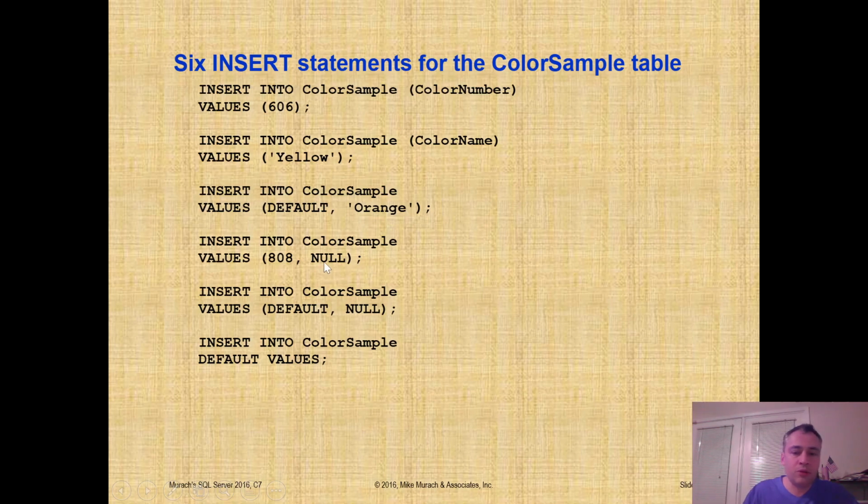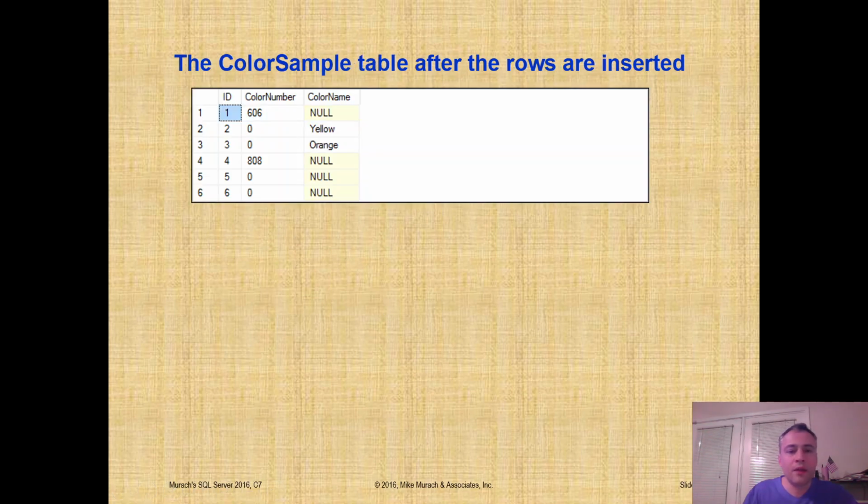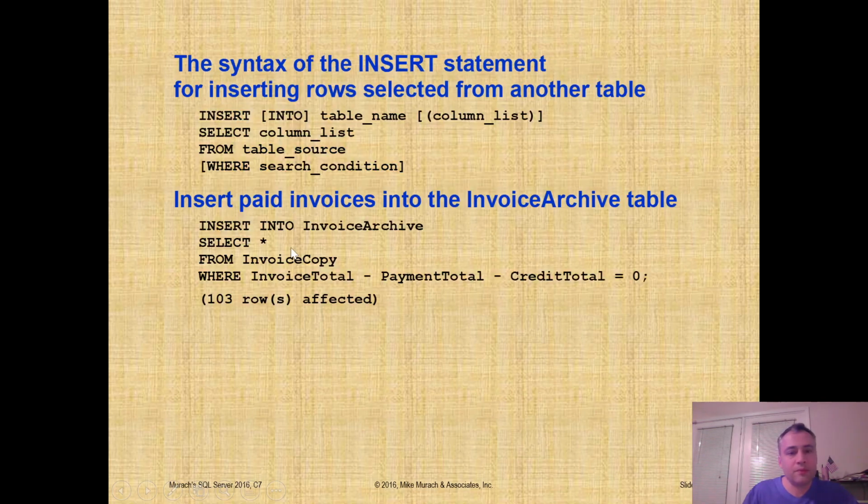So we can also use null, and we can also use default values if such were specified. So last line, when we used default values, the default value was null, entered as null because there was none. And that is the result, and so that is a nice little example.